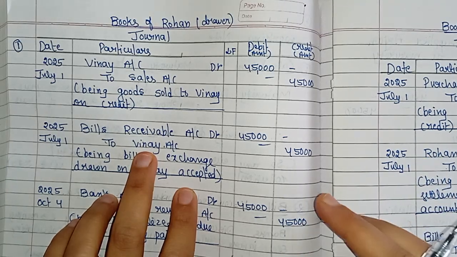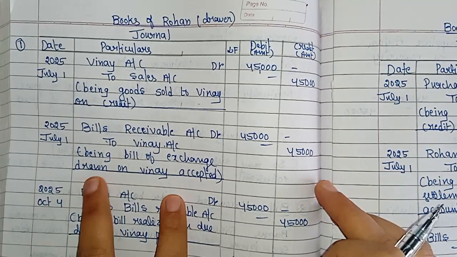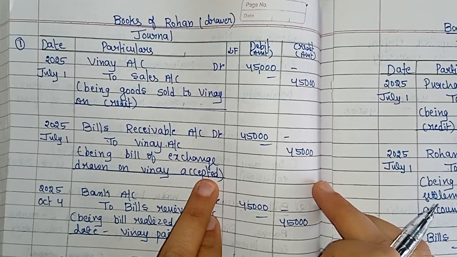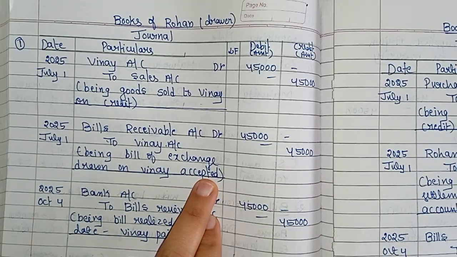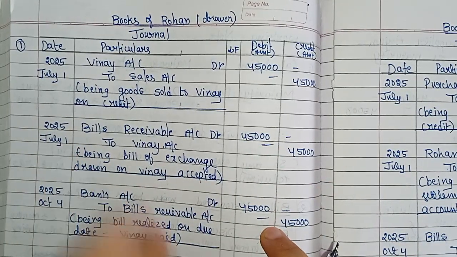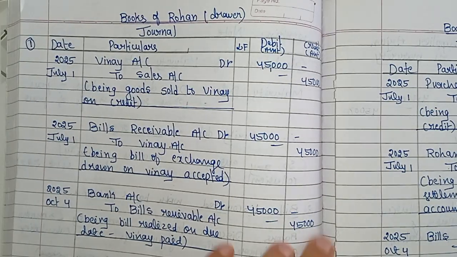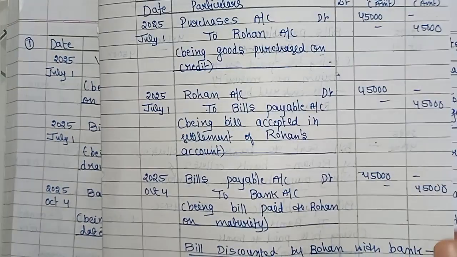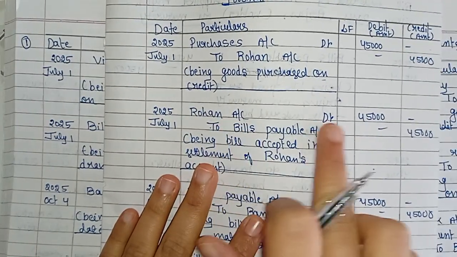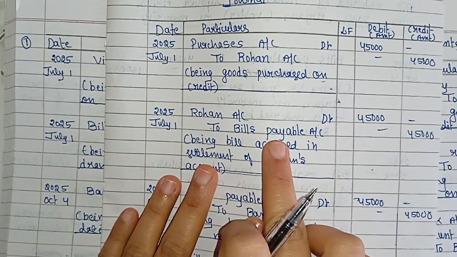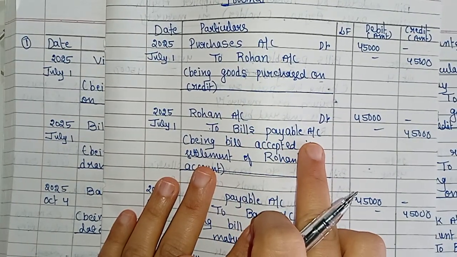Credit the giver. Clear? Being bill of exchange drawn on Vinay accepted, that is rupees 45,000. That is also on July 1st, 2025. Clear? Now what is the journal entry in the books of the drawee? See, Rohan account debit to bills payable account.